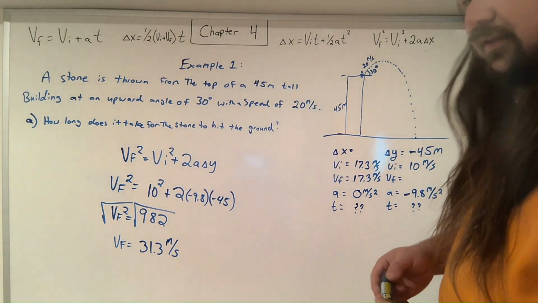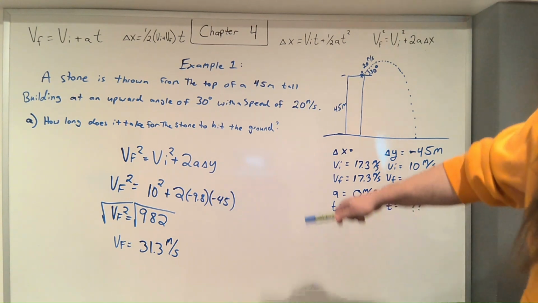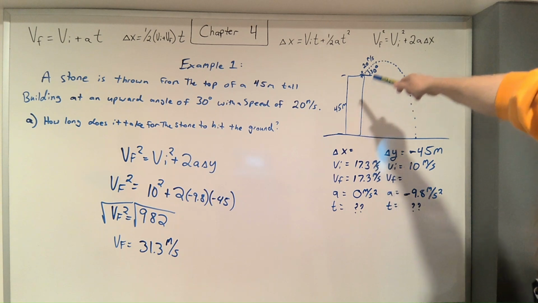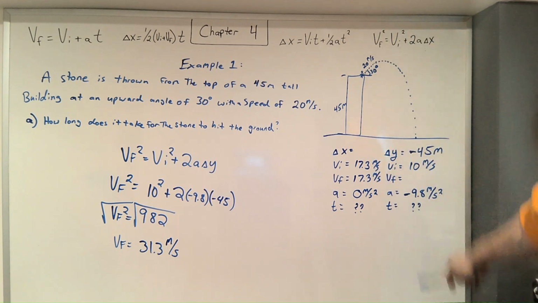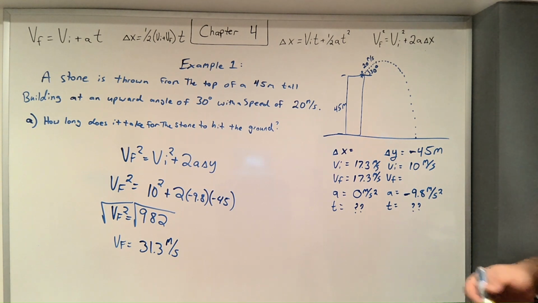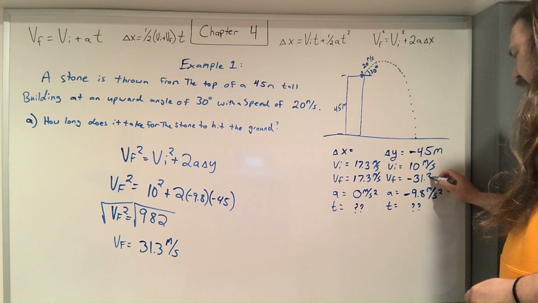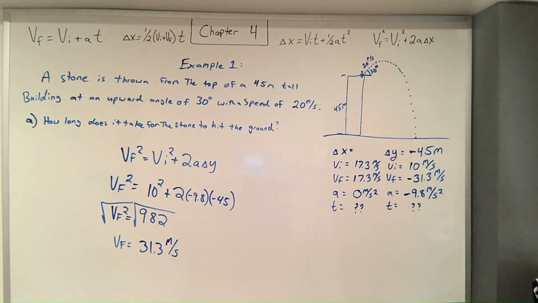For the velocity, which way is it traveling? The initial velocity is positive, traveling upward in the y. The final velocity is falling, right? So the final velocity here should be a negative 31.3 meters per second.